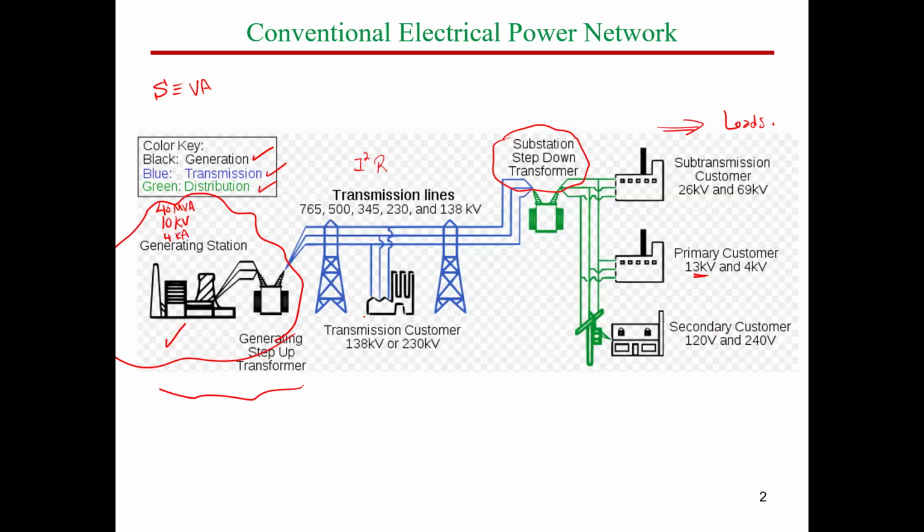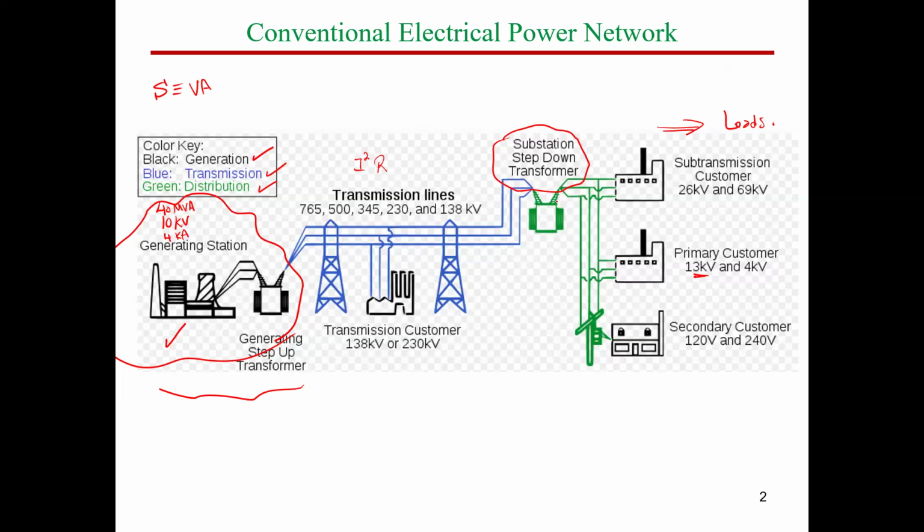So this is, guys, called the conventional grid. Again, the conventional electrical power network consists of generation, transmission, and distribution. Generation generates the power at medium voltage level, then stepping up the voltage to be transmitted. Transmission has many voltage levels, as we can see here: 138, 230, 345, 500, or 765 kilovolt.